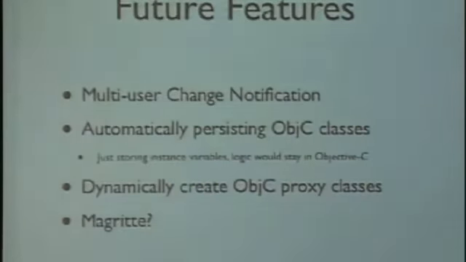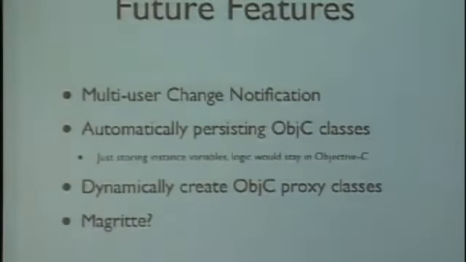Automatically persisting Objective-C classes, I think, could be really compelling, but not to anybody in this room. Mostly to Mac developers who want to just define their Objective-C classes and have those automatically turned into Gemstone classes, just with stupid getters and setters and instance variables, and have the whole graph persisted in Gemstone seamlessly without having to think about redefining it in Core Data or persisting it to Postgres.